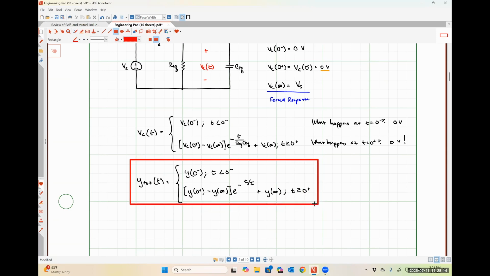for our total response problems, where again, a total response problem is just a problem where we leave sources in during the transient condition. We're going to start looking at some examples of that here in just a moment. That being said, if you have trouble identifying whether you should use the natural response relationship or the total response relationship, you can just use the total response relationship for literally everything.